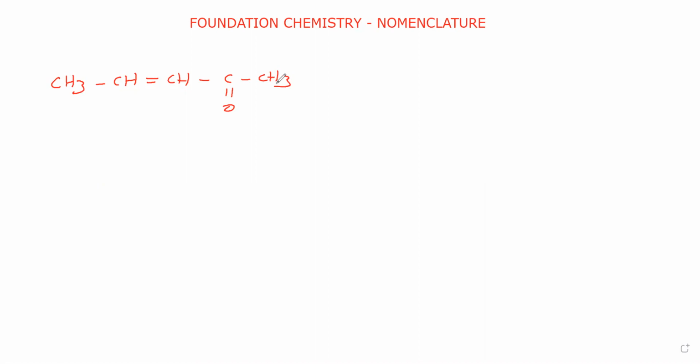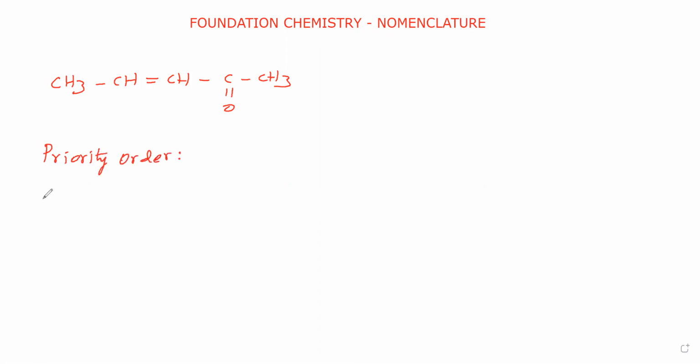How to say which is the main functional group and which is a substituent or branch, for that we have to know the priority order. Based on priority order, we can say. So what is the priority order for functional groups? That we will see.